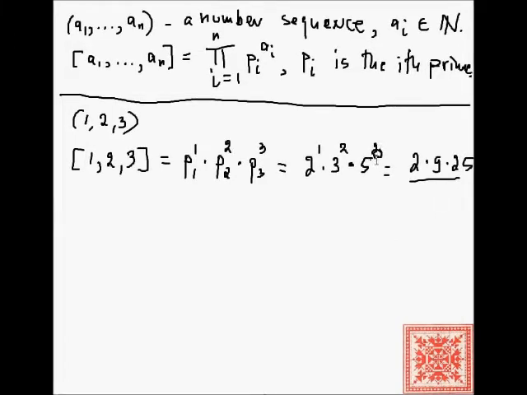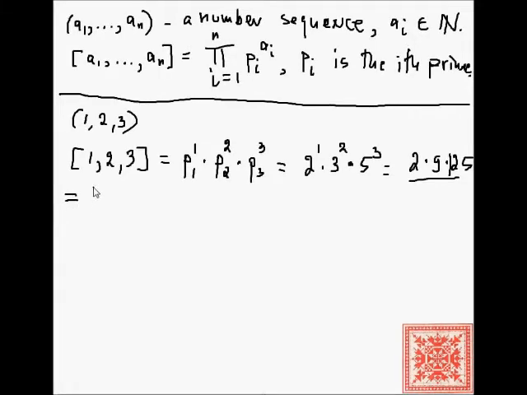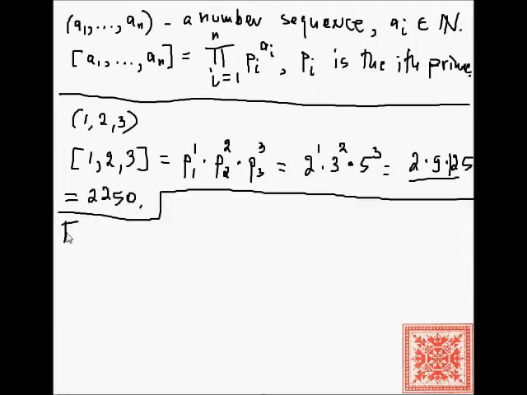It should be 5 to the third. Let's erase this and write 5 to the third, and that gives us 125, not 25. So that gives us, let me grab my calculator, 2250.